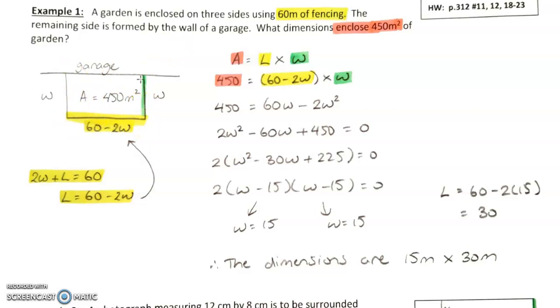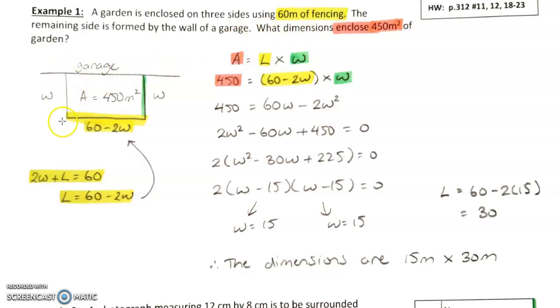We know that perimeter would be length and width. So here I have my 2 widths, and then this long side would be my length. But when we write length and width as 2 different letters, it's really hard to solve one equation when you have 2 different letters. So it would be much better if you can somehow change one of the letters to suit the other letter, and that's why they gave you the 60 meters.